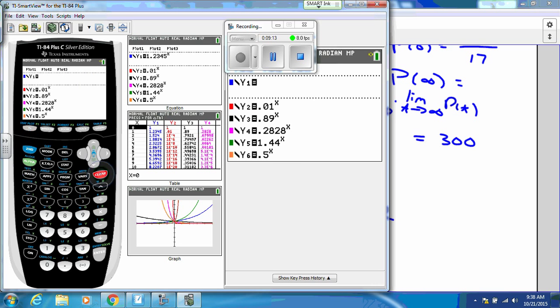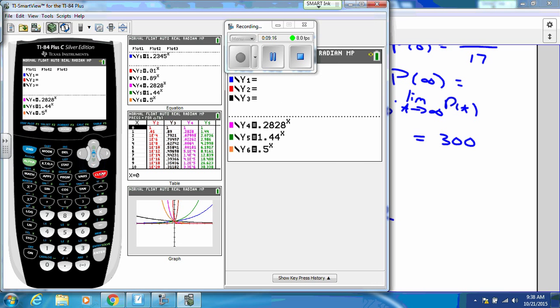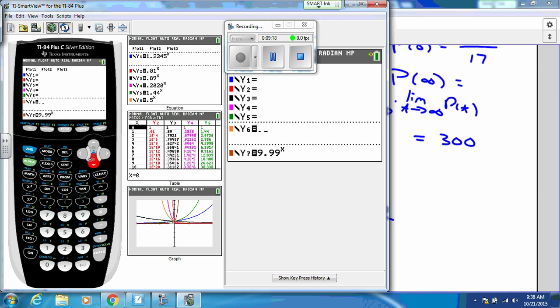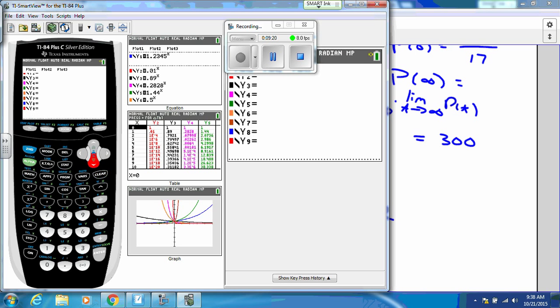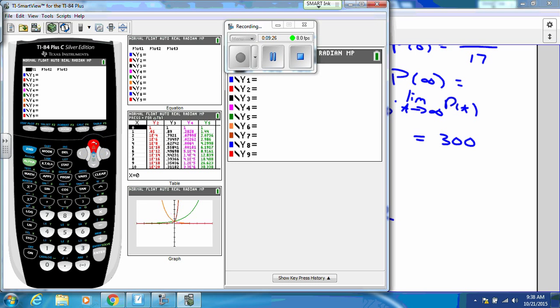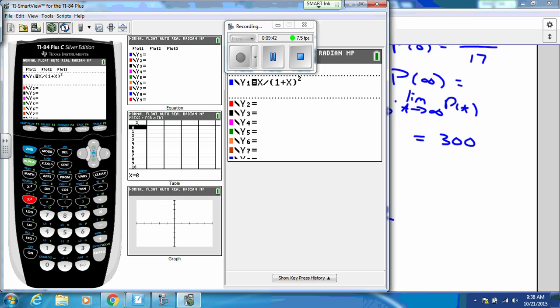Y equals, clear, wish I had a clear all. X divided by square. There.